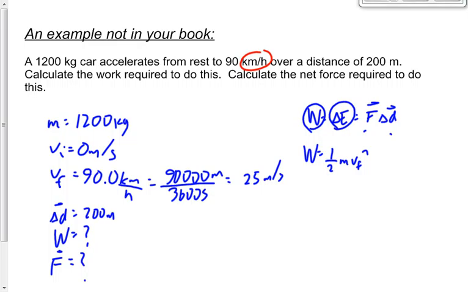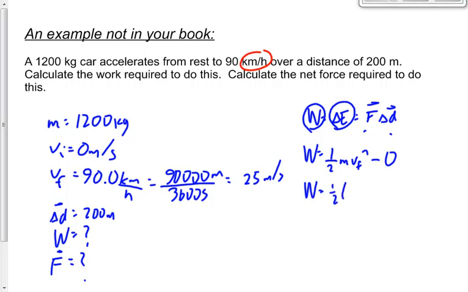Nothing, right? The car's just sitting there. So we're going to say 1/2 m v squared minus 0. At the end of the problem, it had a certain amount of energy. At the beginning of the problem, it had nothing. It did, you're right, Rucker, have chemical potential energy, but we'll focus on the kinetic here.